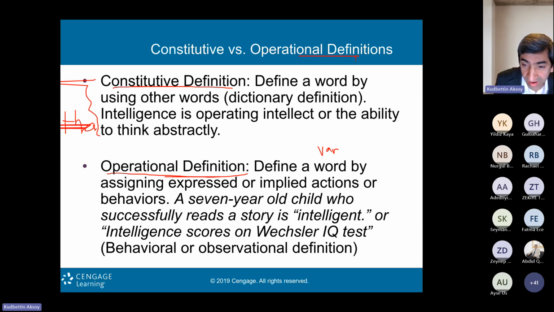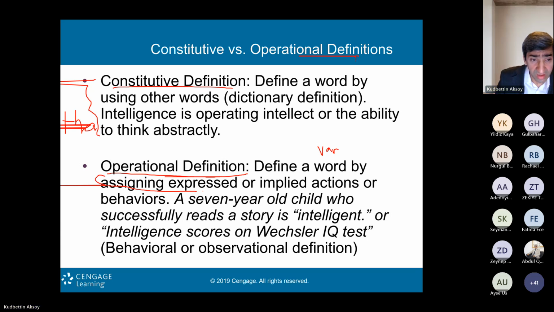This is pretty much the definition of measurement. Measurement is assigning a number to an object based on pre-established rules. So defining a variable in a way that it will lead you to an objective method of measurement.